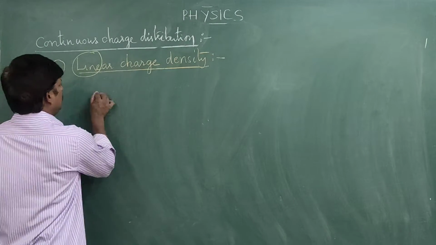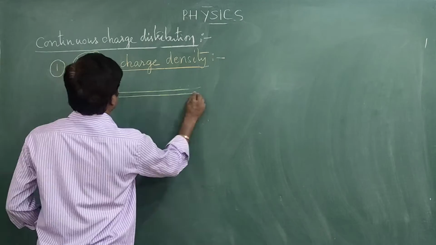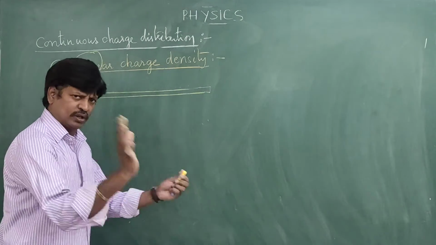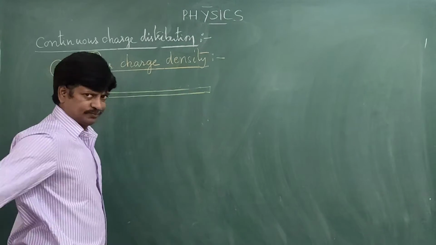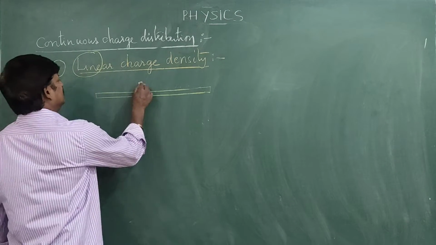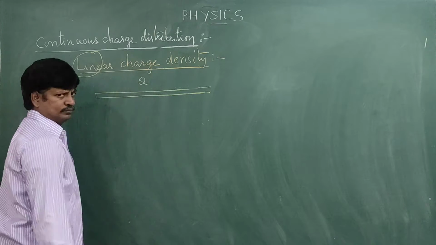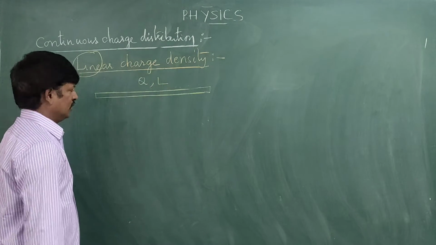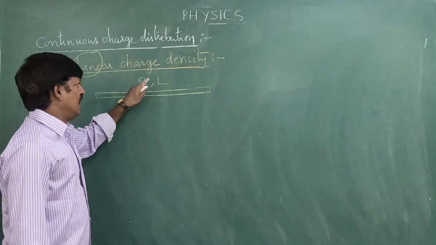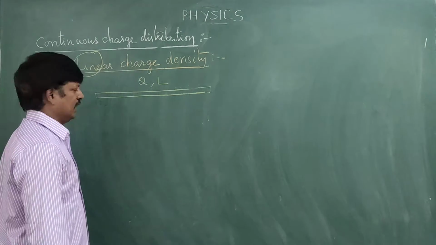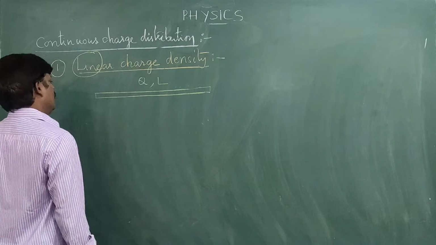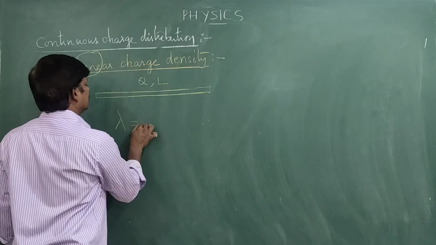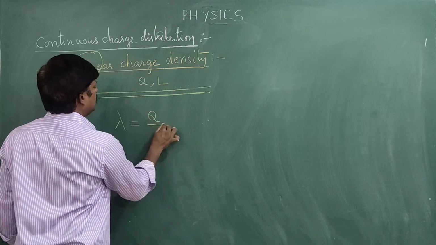For example, if you have a rod, it might be a thin rod or a thick rod, or maybe a wire. Let's say the charge on this rod is Q, and the length of the rod is L. Then we can define linear charge density as nothing but charge per unit length.